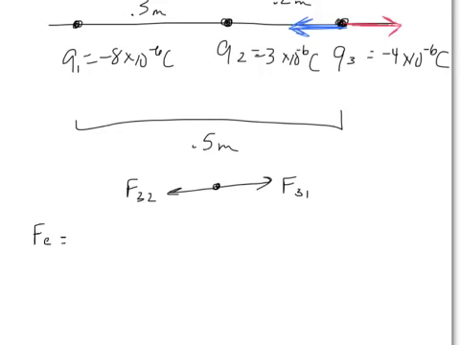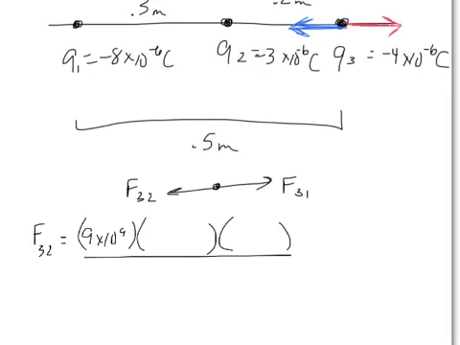Remember, Fe equals k. Now, in this case, instead of Fe, let's write it as F31 or F32. Let's call this first one F32. So that's going to mean we're going to put Q3 and Q2 here. So Q3 is going to be here, and again, I'm dropping the negative sign there. And here's going to be Q2.